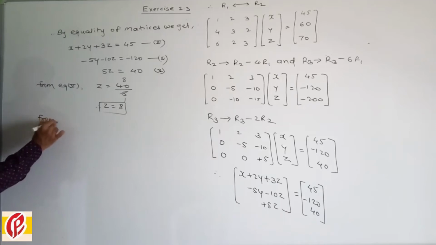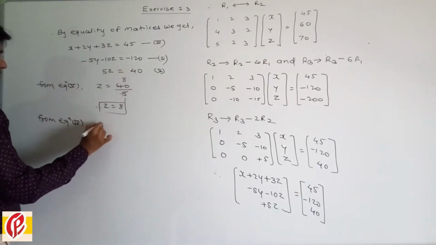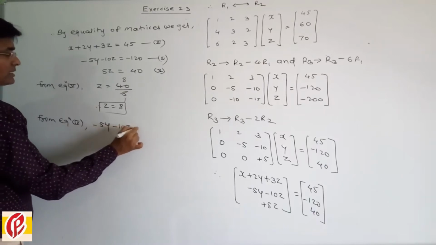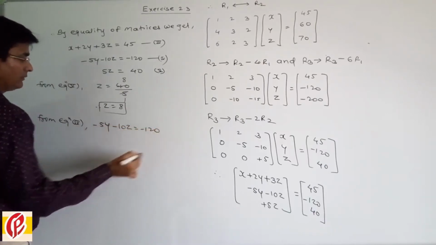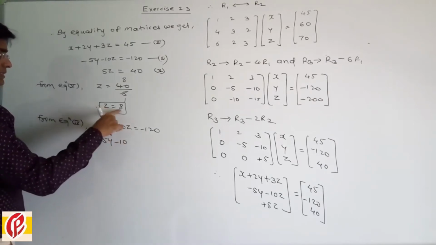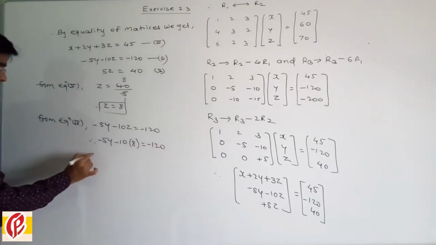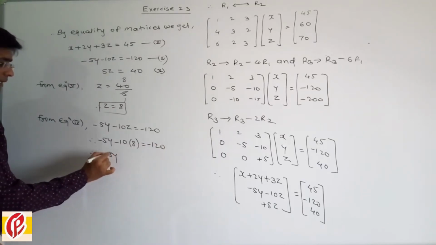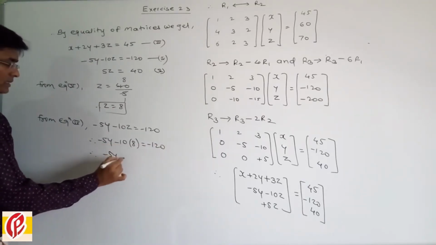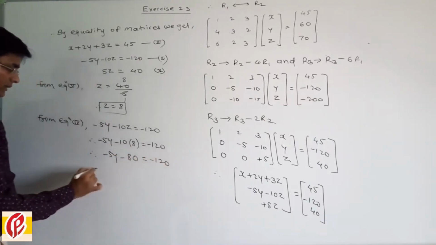From equation 4. What is equation 4? Minus 5y minus 10z is equal to minus 120. Therefore minus 5y minus 10, replace z with 8, is equal to minus 120. Therefore minus 5y minus 10 into 8, 80, is equal to minus 120.